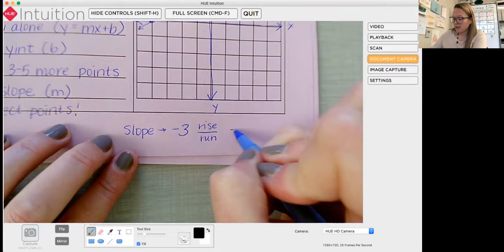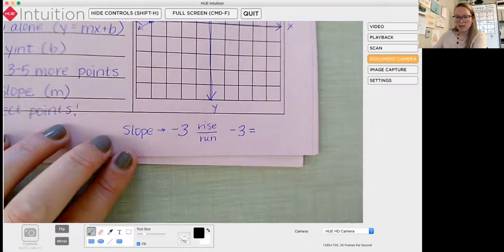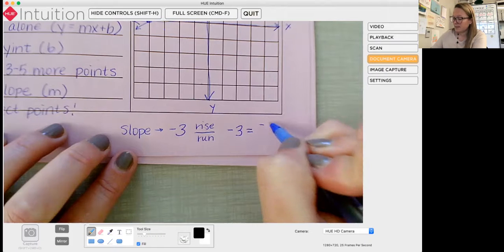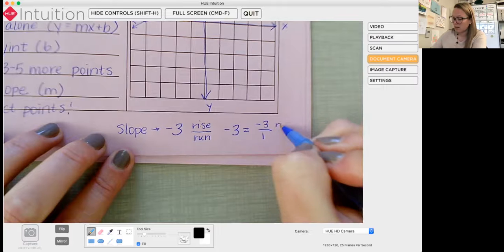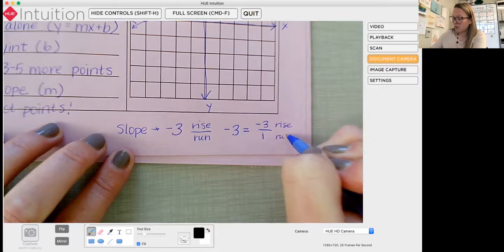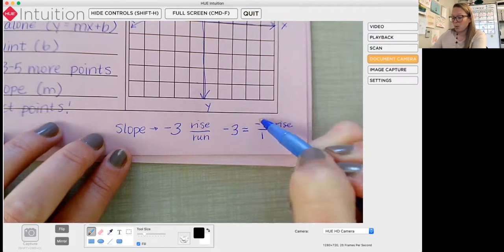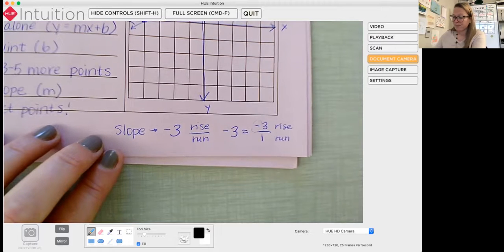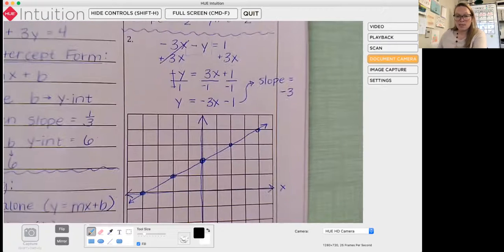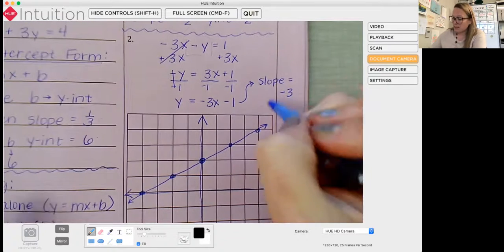So if I have -3, if I wanted to write that as a fraction, that's equal to -3 over 1. So I'm going to rise 3, run 1. And what's important here is that negative sign. So I need to make sure it's in a negative direction.